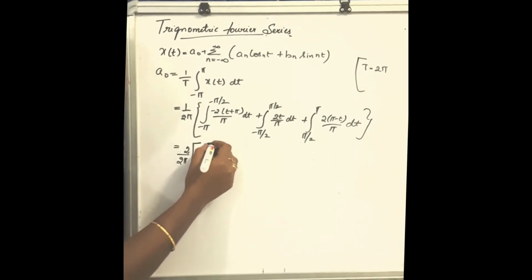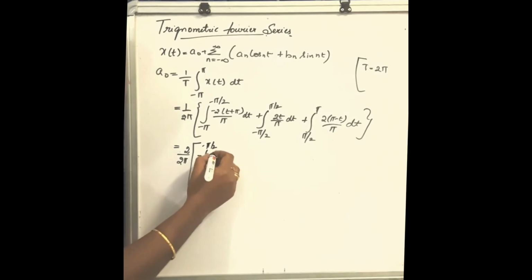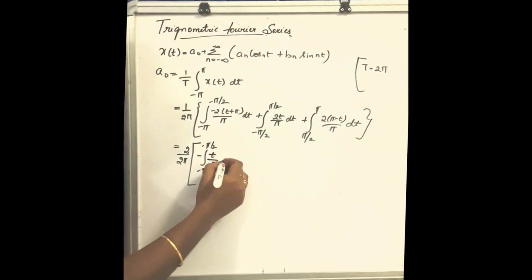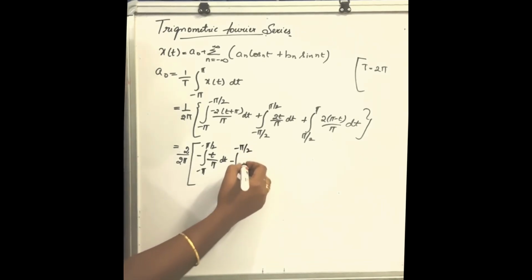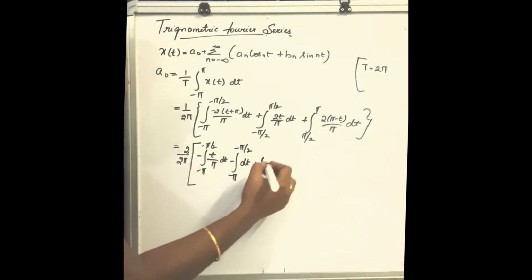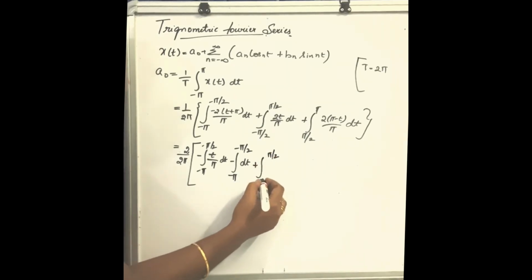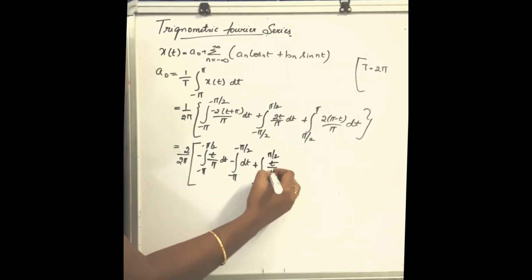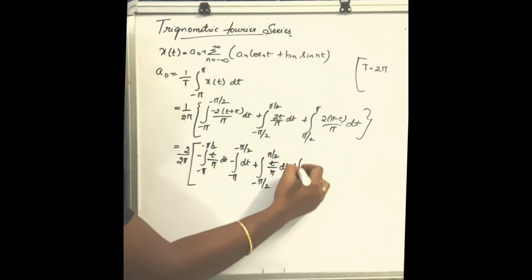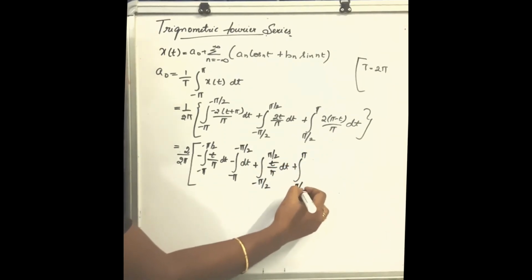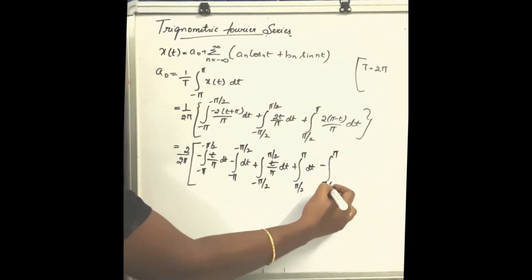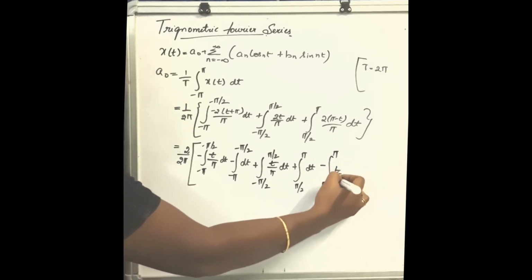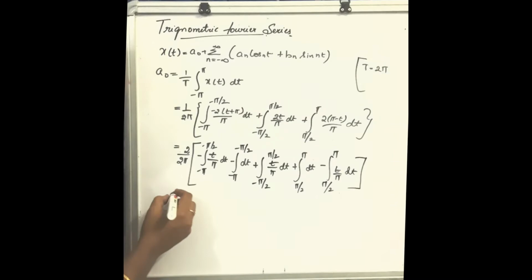It's integral of minus pi by 2 to minus pi of (minus 2t plus pi)... dt, plus integral from minus pi by 2 to pi by 2 of t by pi dt, plus integral of pi by 2 to pi of (pi minus t) dt by pi.